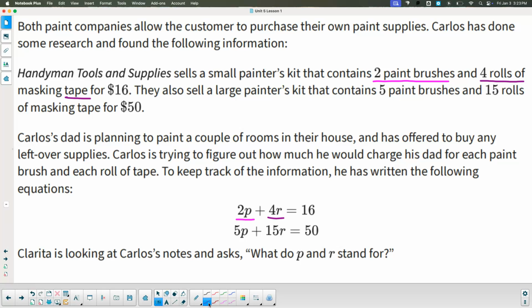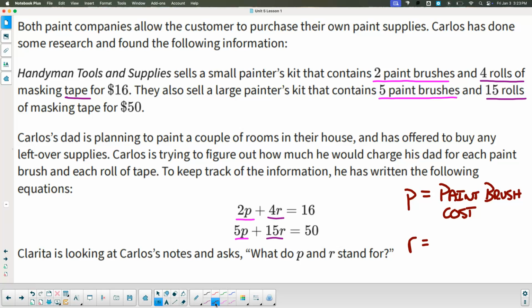They also sell 5 paintbrushes and 15 rolls of tape. So P in this system is paintbrushes, the cost for 1 paintbrush. R in this scenario is the roll of tape cost.